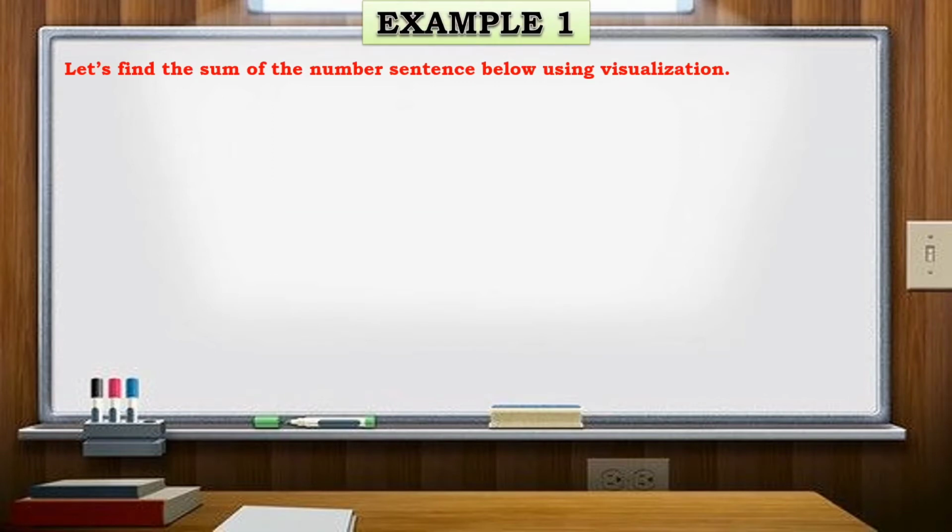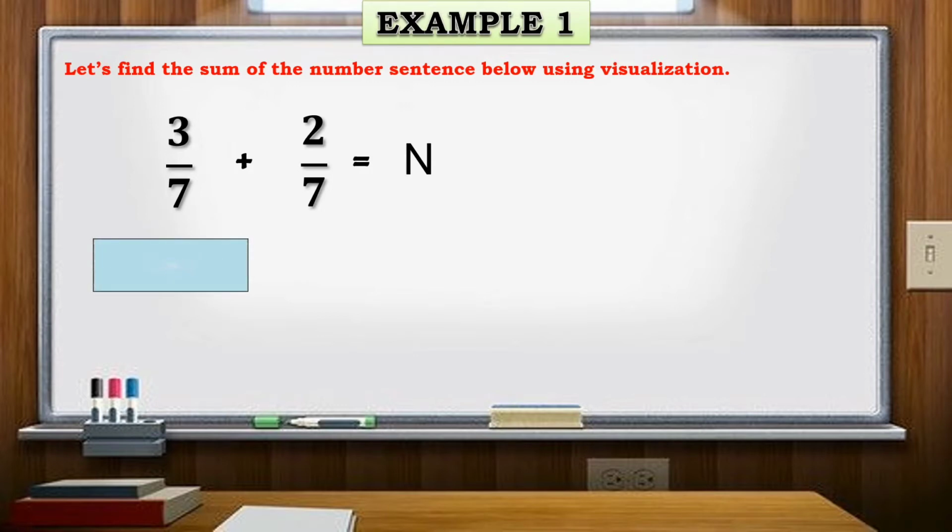Let's find the sum of the number sentence below using visualization. We have 3/7 plus 2/7 equals n. We are going to visualize 3/7.